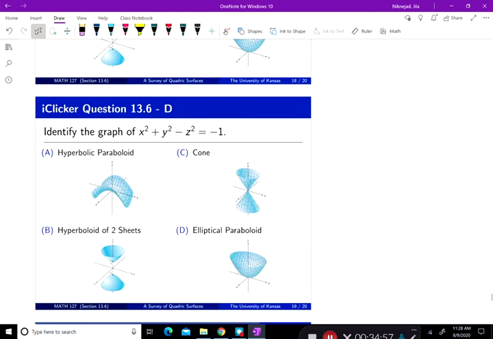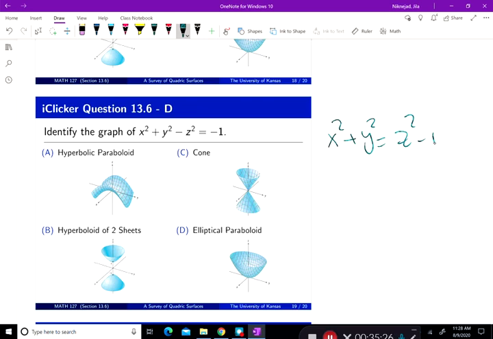iClicker question 13.6d. Identify the graph of x squared plus y squared minus z squared equal to -1. Stop the recording and solve and come back. I hope you stopped the recording, so let's try to solve it together. I put the variable that has a different sign on the other side.